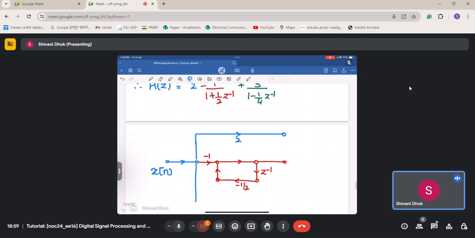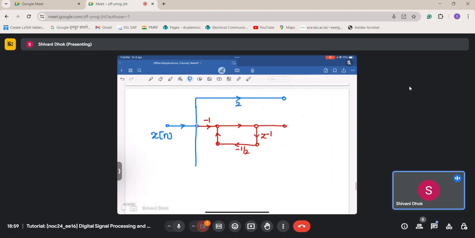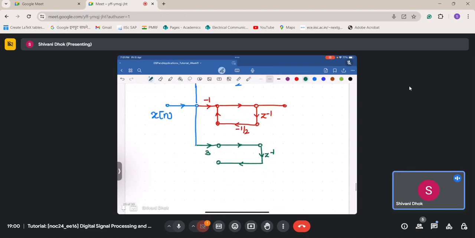So now we need to realize this 3 upon 1 minus 1 by 4 z inverse. So then we will have a gain of 3 here. Then we have a delay, and we here have minus 1 by 4, which means I'll have a gain of 1 by 4 here.